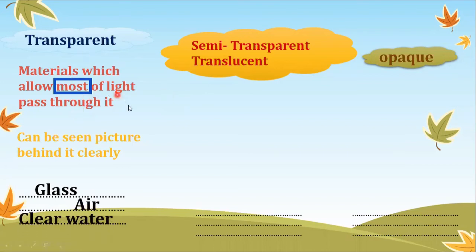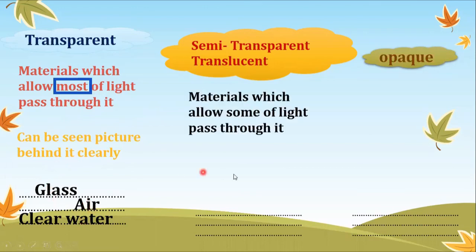Most of light passes through it, so we can see the picture behind it clearly. Example: glass, air, clear water.